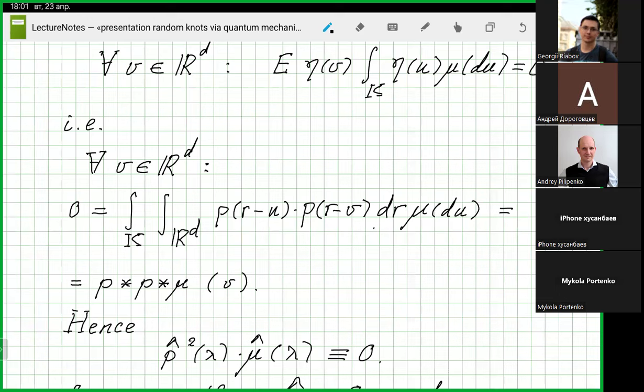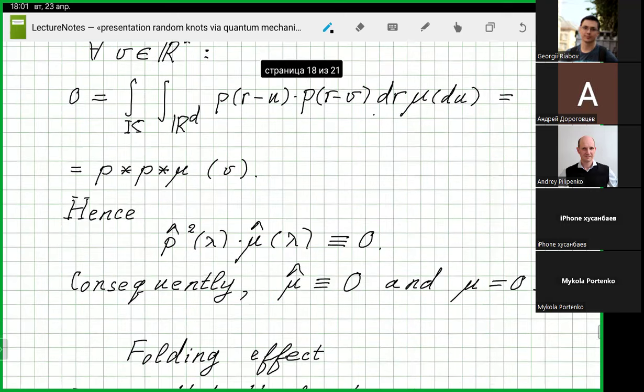And hence we have that the Fourier transform of p is not equal to 0 totally, then the Fourier transform of mu must be equal to 0, and so mu must be equal to 0.